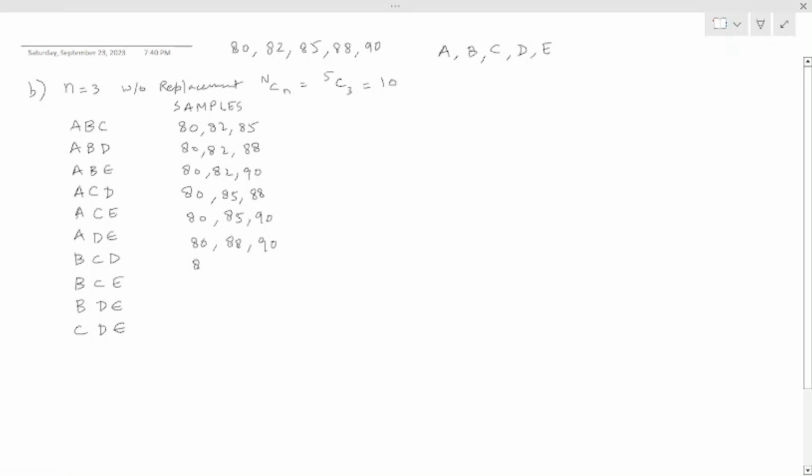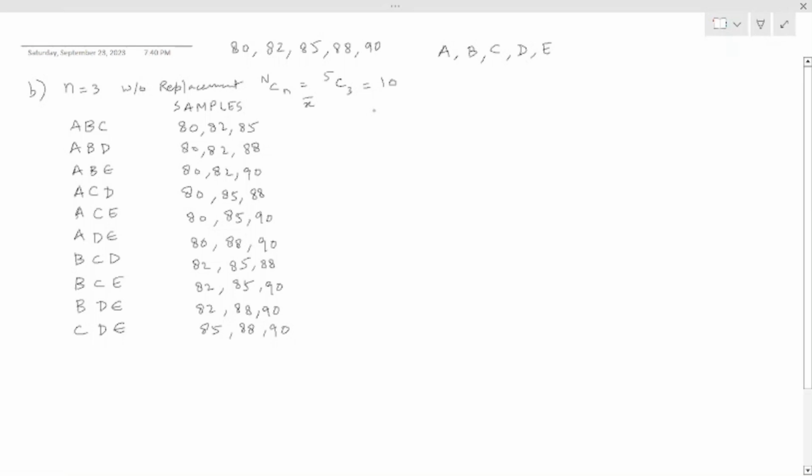And then we start with 82: 82, 85, 88, then 82, 85, 90, then 82, 88, 90, and the last sample would be 85, 88, and 90. And this is how we can draw 10 samples.